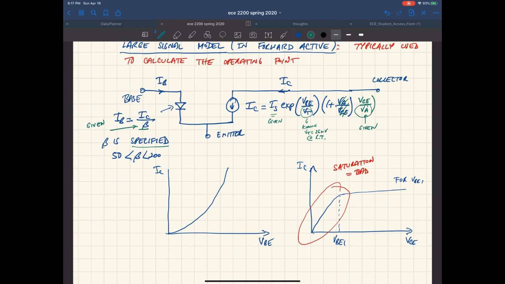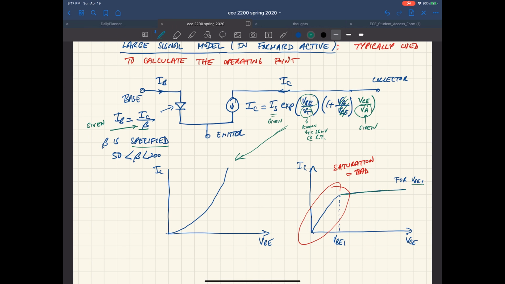If you plot the collector current versus VBE, you get this exponential curve, because of this exponential relationship of collector current with VBE. Then if you plot I sub C versus VCE, this is for a constant VBE, so for a particular VBE1, you get a curve like this.